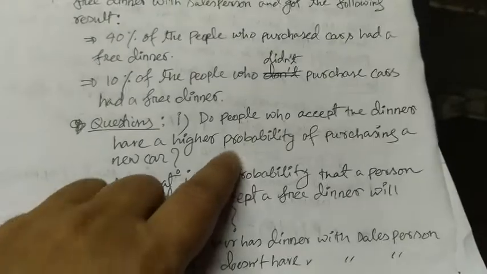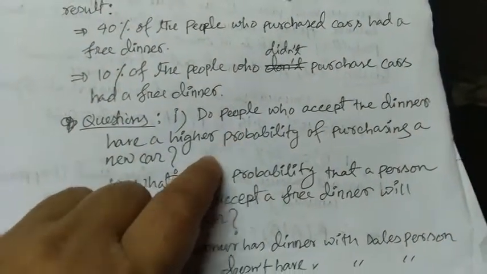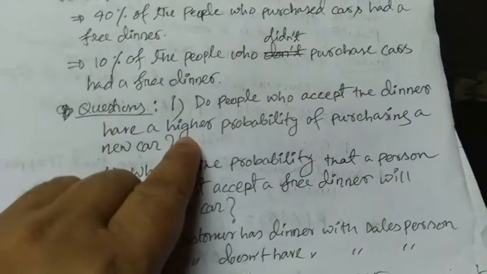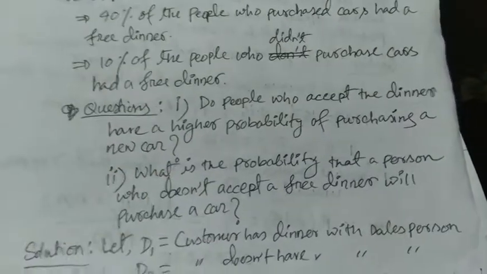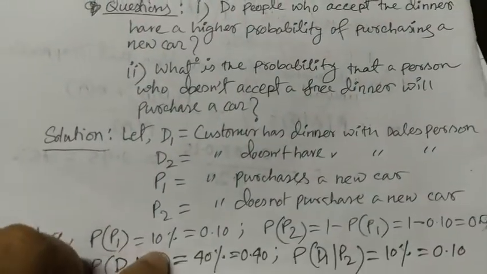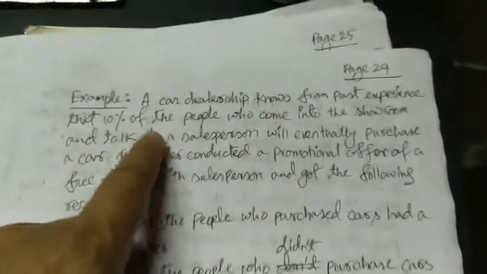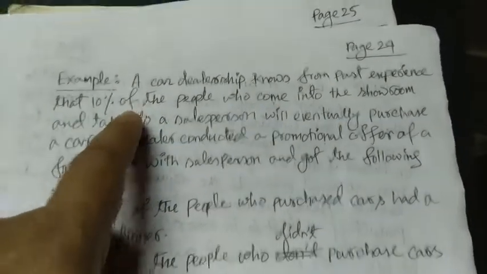Now the first question is asking, do people who accept the dinner have a higher probability of purchasing a car? Normally only 10% of people purchase a car.